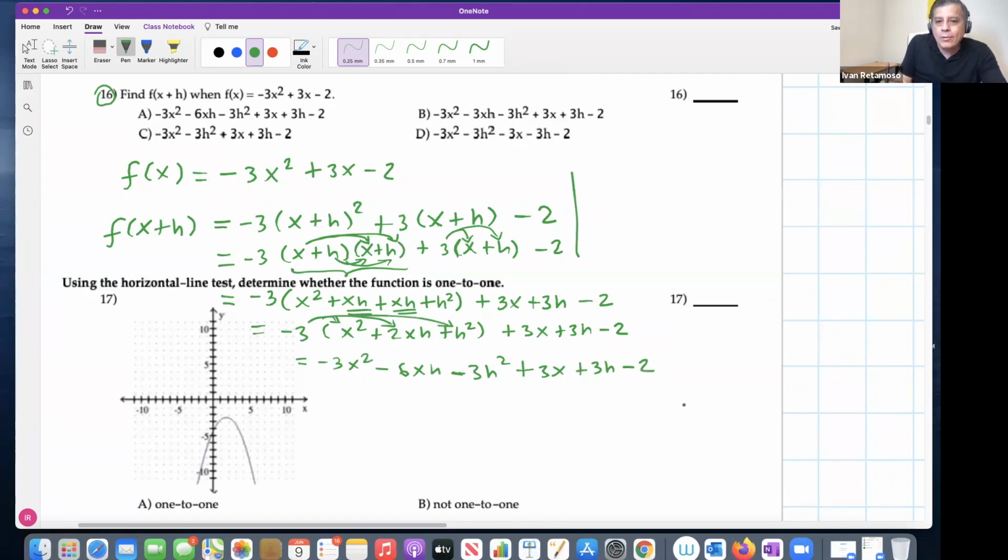Believe it or not, this whole thing should be the answer, guys, because there is no way to combine like terms, right? It's like apple, orange, strawberry, I don't know, no like terms, right? So this whole thing is the answer, okay? Look at it term by term: -3x squared, -6xh, -3h squared, 3x, 3h, -2.